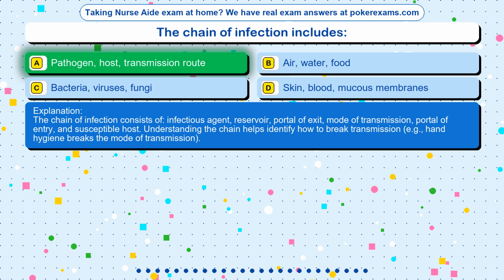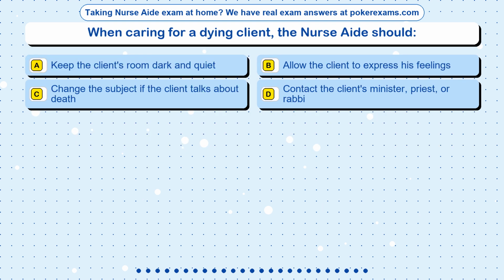transmission. Question 24. When caring for a dying client, the nurse aide should. Option A, keep the client's room dark and quiet. Option B, allow the client to express his feelings. Option C, change the subject if the client talks about death. Option D, contact the client's minister, priest, or rabbi.